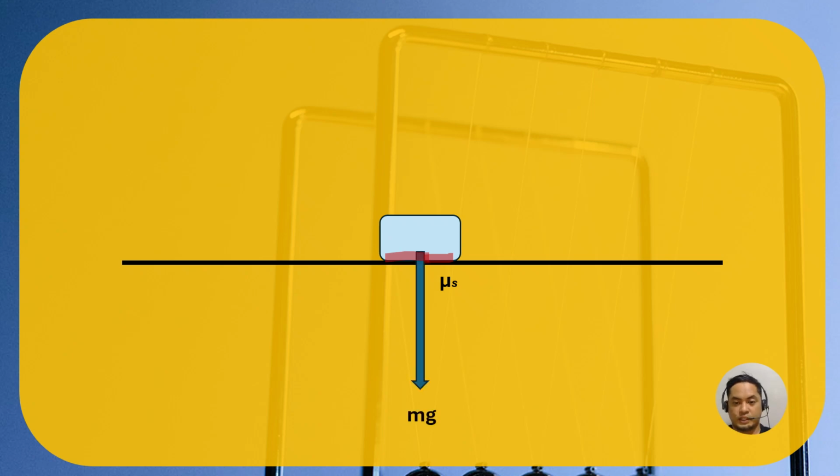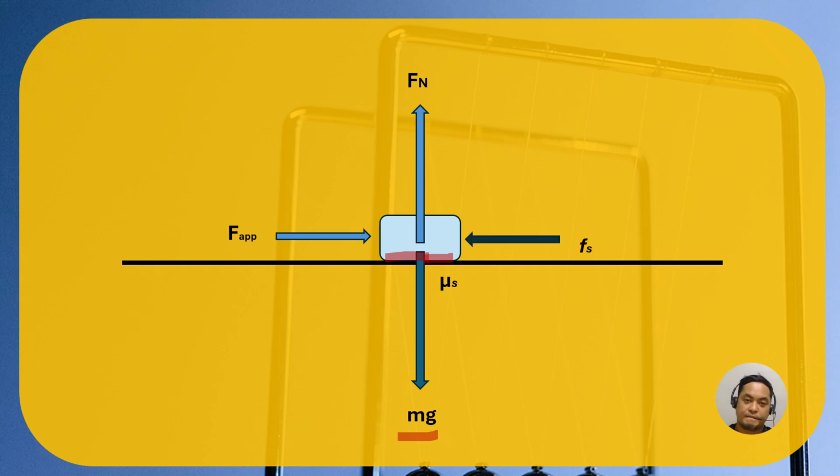The vector that goes below is the mg, the weight force, and it always balances with the normal force. And if we have an applied force in that direction, the opposing or counteracting force is the static friction force. Okay, just like that.